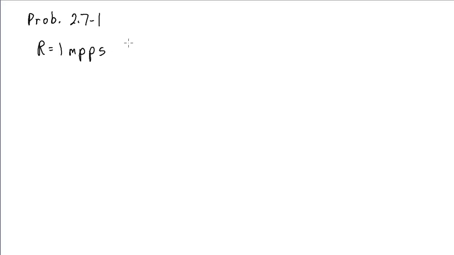Primary information that we get from the step response is that the rise time is 10 to the minus 5 seconds, or 10 microseconds. Okay. And then based on the material in section 2.7, we also know that this is the effective time constant for this particular system, that they're approximately equal.